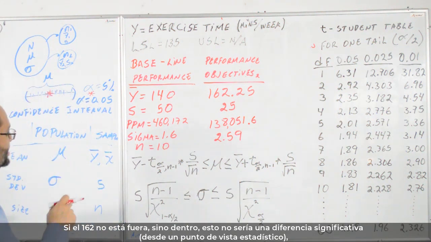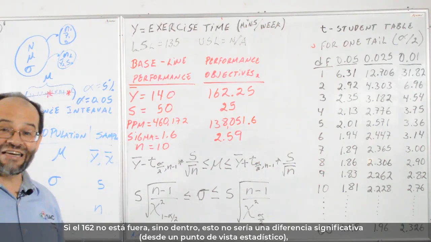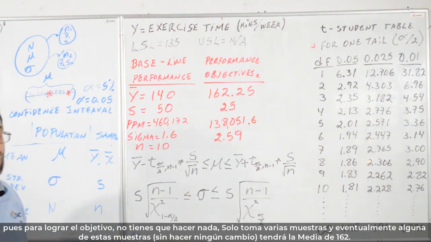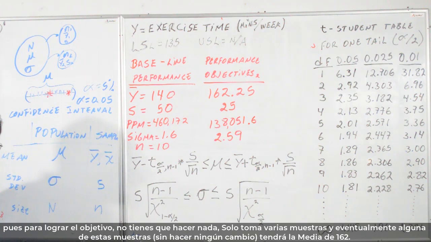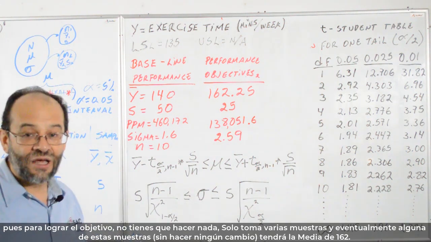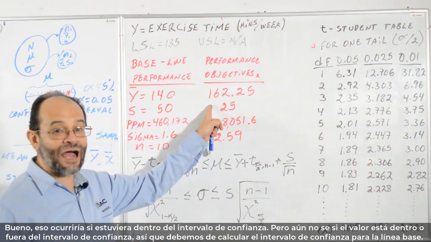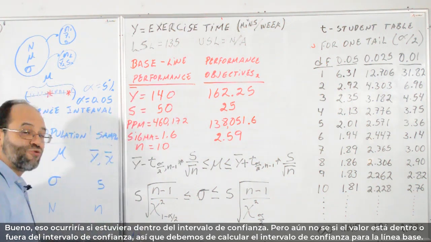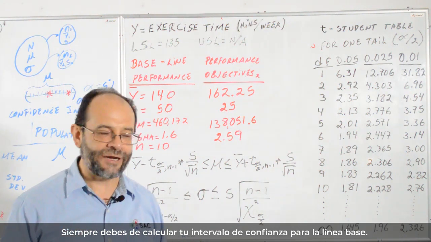If 162 is inside, that's not a significant difference from a statistical point of view, because all you have to do is nothing, just take another sample, and another, and another, and eventually in one of the samples, without doing any change, you are going to get that mean. But at this point I don't know if this value is outside or inside the confidence interval, so I have to calculate the confidence interval for the baseline. Always you have to calculate your confidence interval for the baseline.